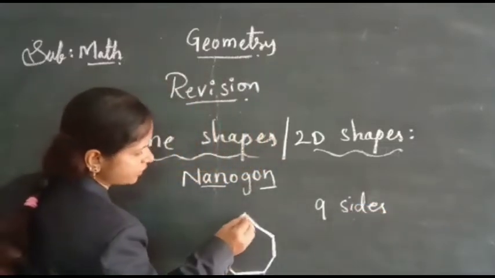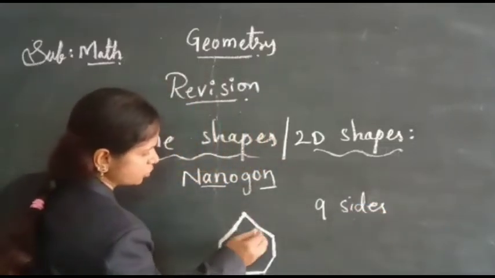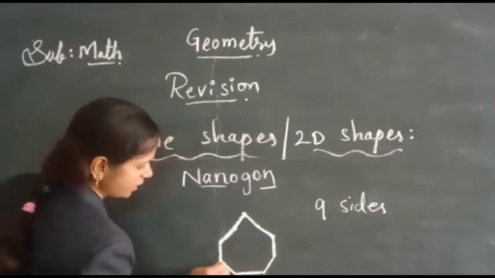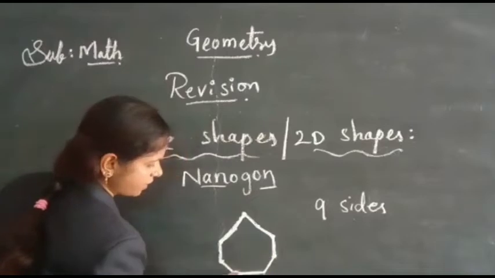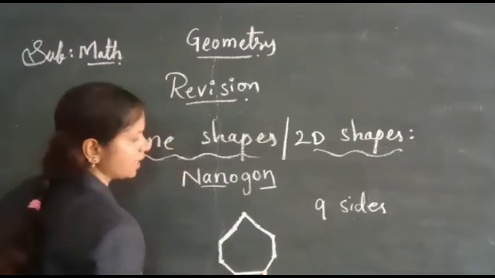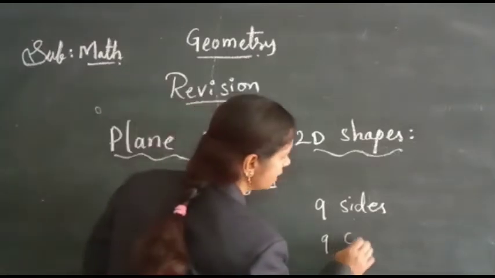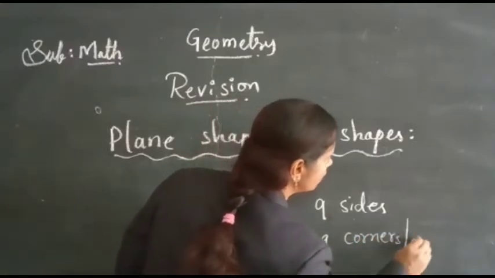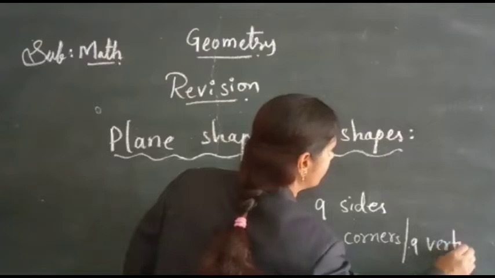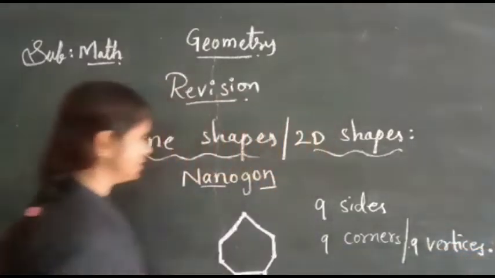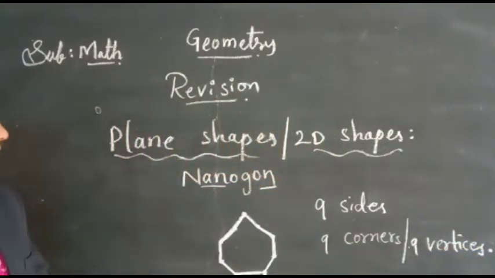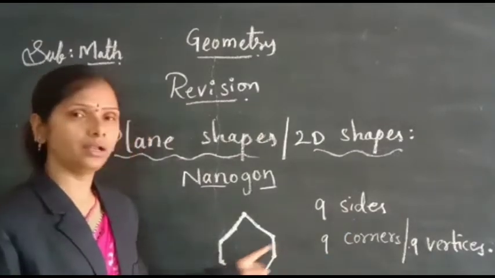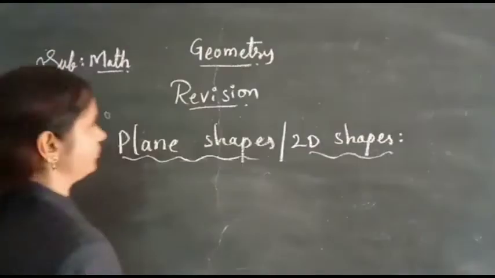And let's count the vertices: 1, 2, 3, 4, 5, 6, 7, 8, 9. So it has 9 corners or 9 vertices. A nonagon has 9 sides and 9 vertices.